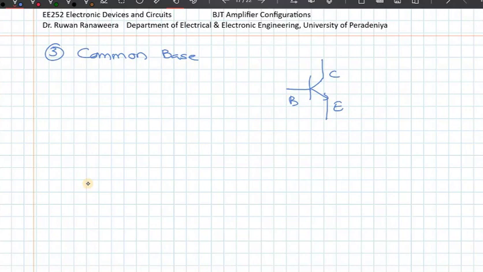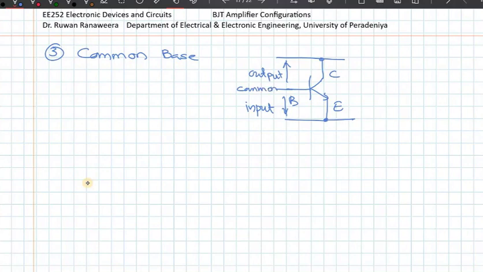Your input is actually between base and emitter, whereas your output is actually between collector and base. This is the input, this is the output, this is the common.